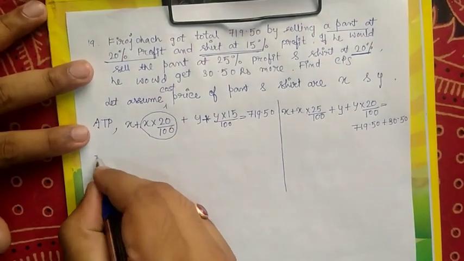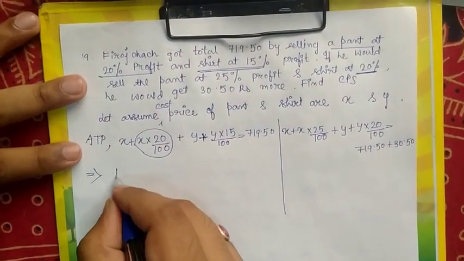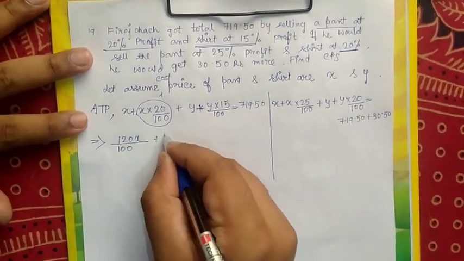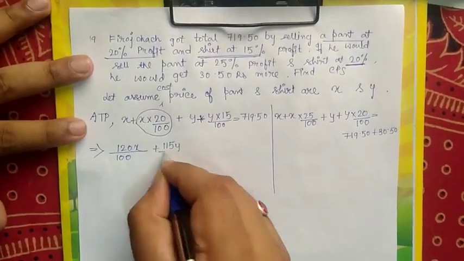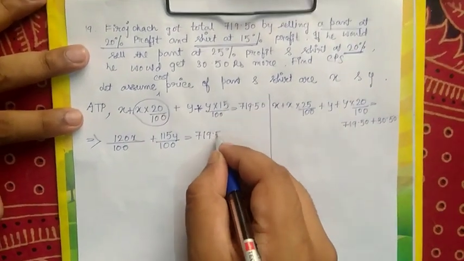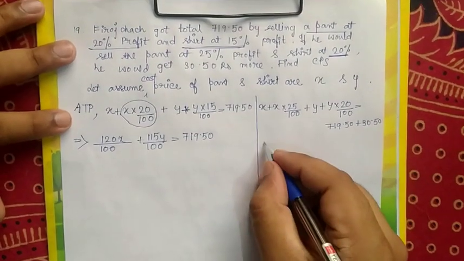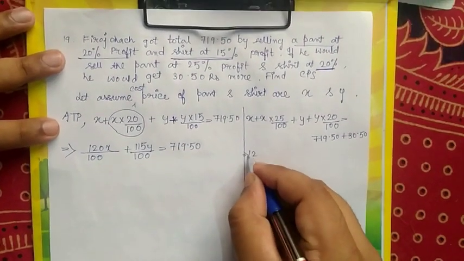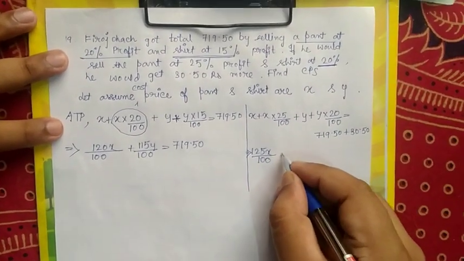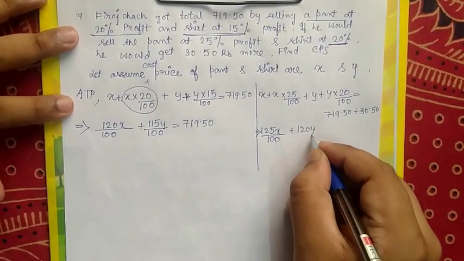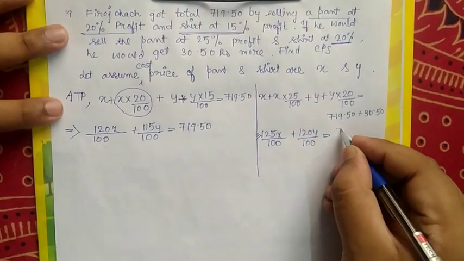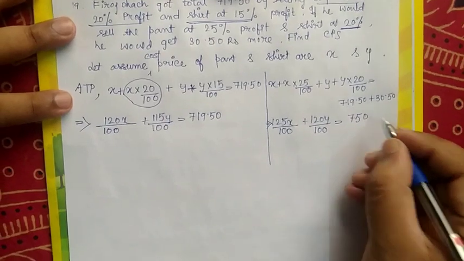Now this should be 120x by 100 plus 115y by 100 equal to 719.50, and this should be 125x by 100 plus 120y by 100 equal to, after adding, we get 750 rupees.